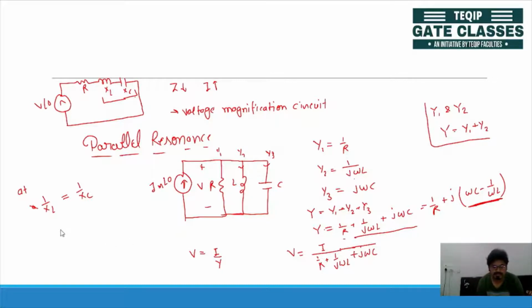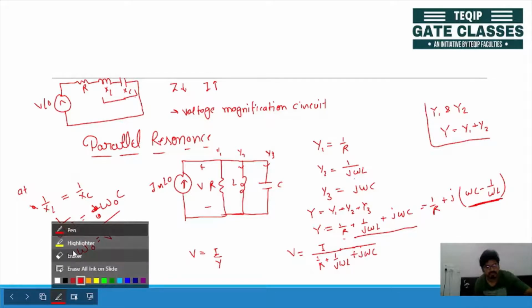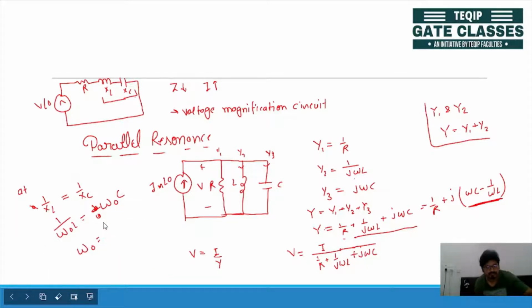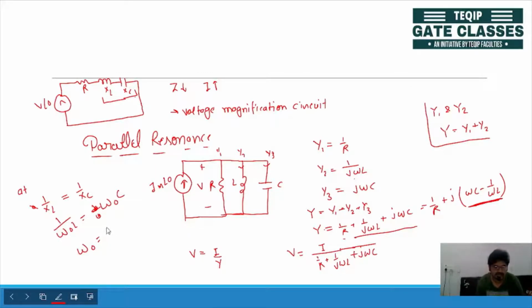So at resonance omega naught L will be equal to 1 upon omega naught C. From here also you will get the same formula for the resonating frequency, that is omega naught equals 1 upon under root LC.